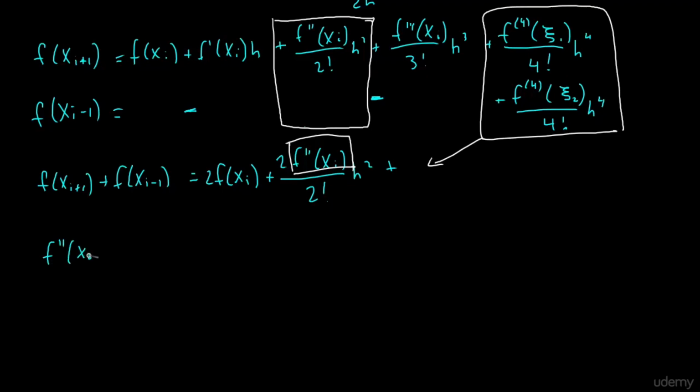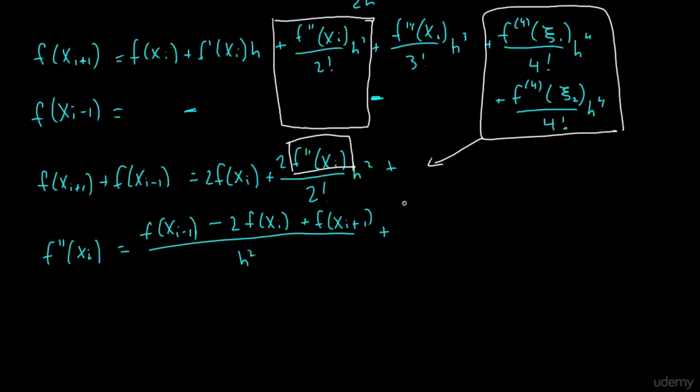So you have the second derivative at a point xi, which is equal to f of xi minus 1 minus 2 f of xi plus f of xi plus 1, all divided by h squared plus, and this is the important part, order of h squared.